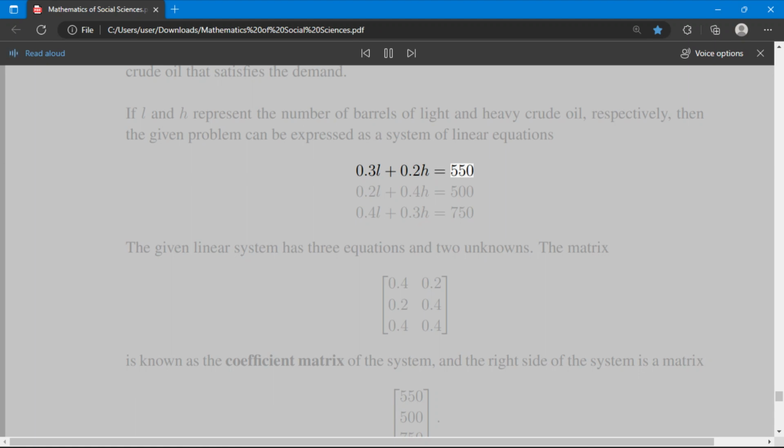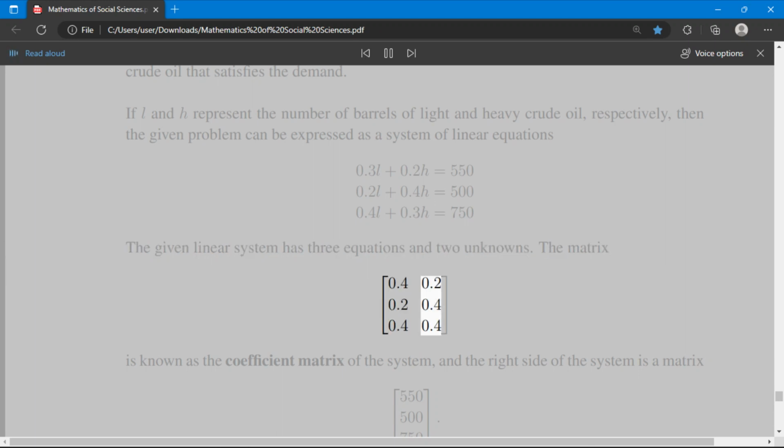0.3 L plus 0.2 H equals 550. 0.2 L plus 0.4 H equals 500. 0.4 L plus 0.3 H equals 750. The given linear system has three equations and two unknowns.